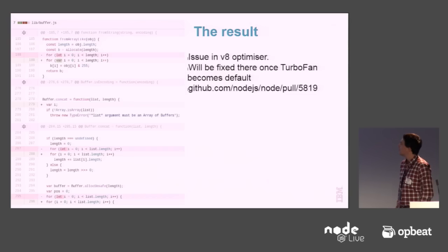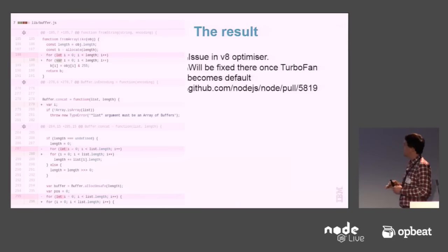With the regression that we saw before, the actual problem turned out to be that in Node 4.4.0 we'd changed how we were declaring the iterator in our for loops in the buffer module, buffer.js. Originally we were using var and then we switched to let.